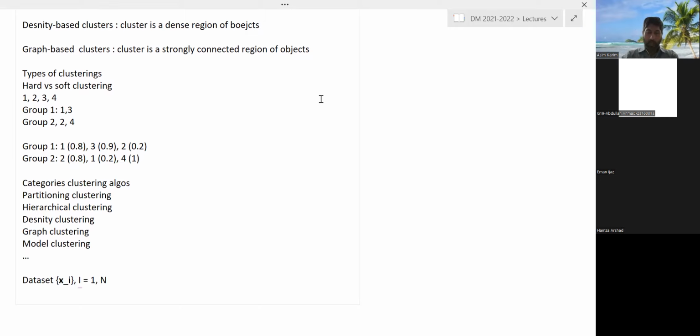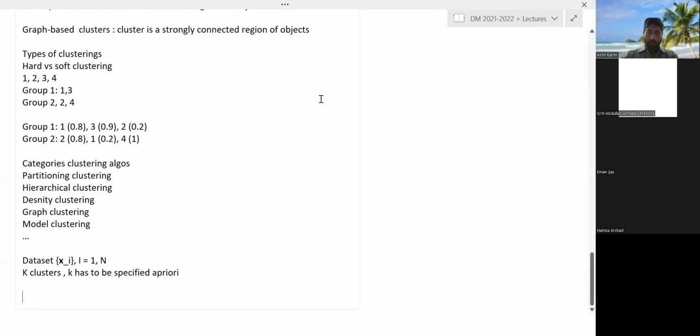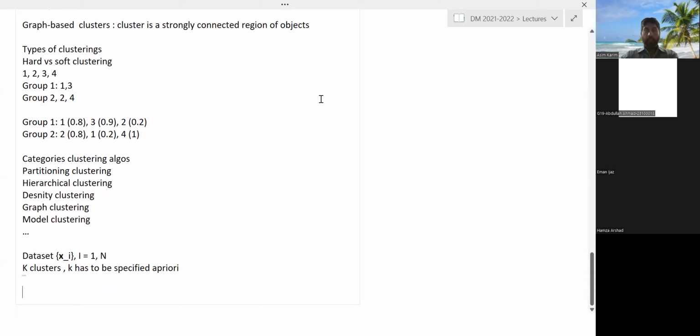And we usually have to assign or fix the number of clusters a priori. So k clusters, let's say. So usually k has to be specified a priori, meaning that before you apply the algorithm, you need to provide k as a parameter, and the algorithm would then output k groups, k clusters from the data. Such algorithms are called partitioning algorithms, and we will discuss a few of them.